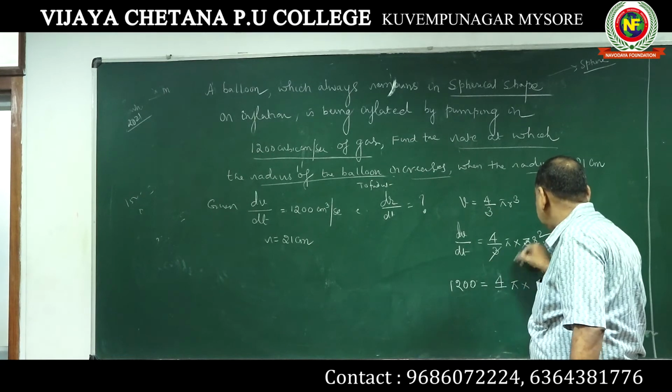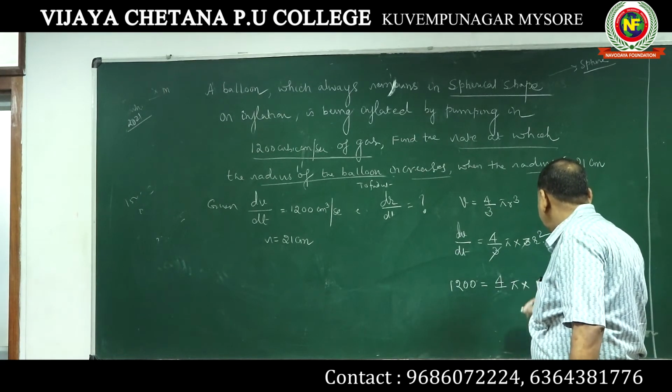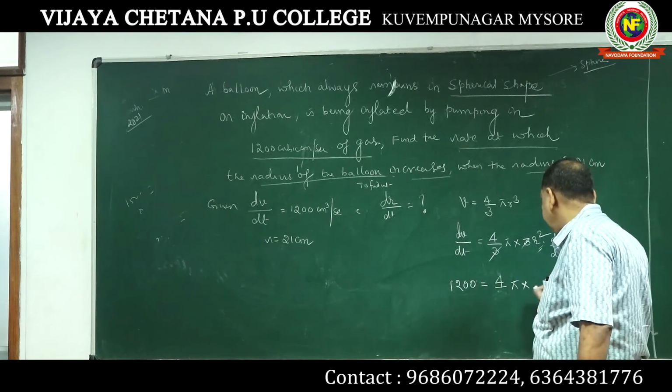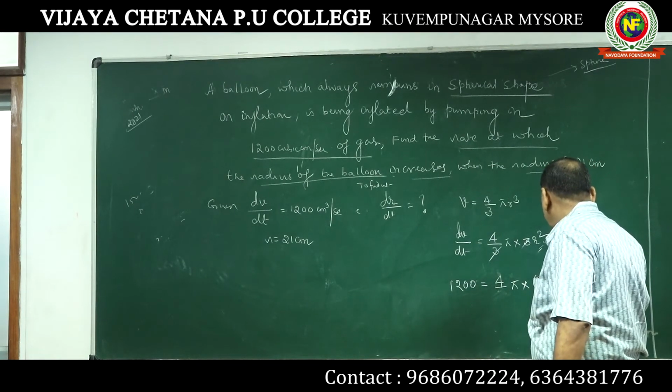In fact 3 cancels, so 4 pi into r square, R is given, 21 square, into dr by dt.